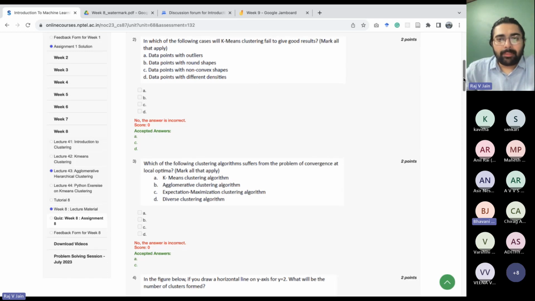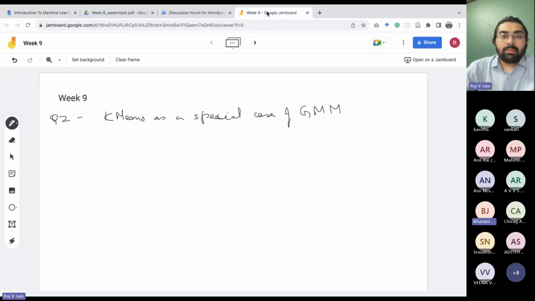Why doesn't it work for different densities, if the clusters are still far apart? Let's say you have a very dense network here and then something very sparse like this. Even though they are different, k-means will get affected by these points.